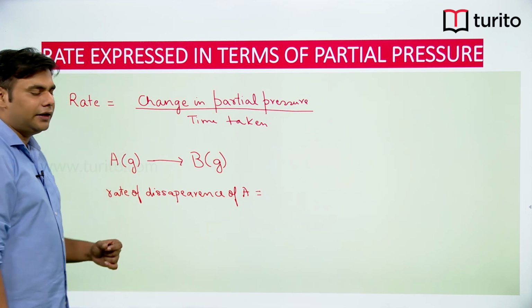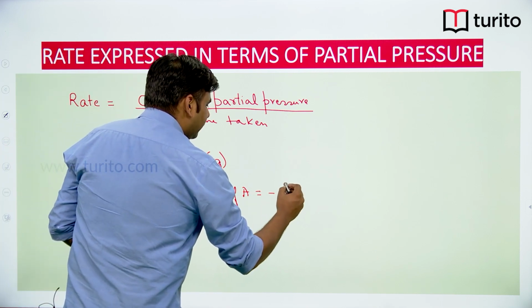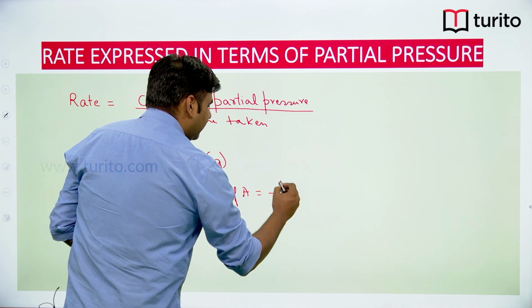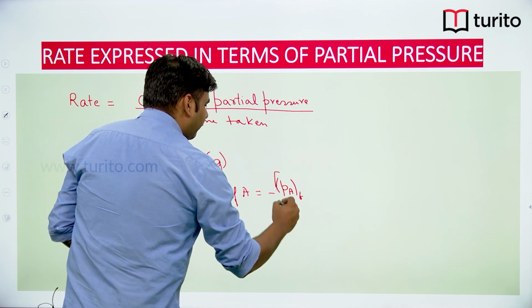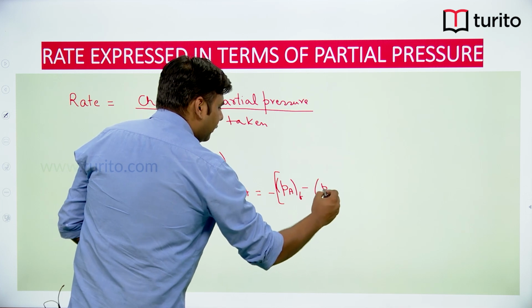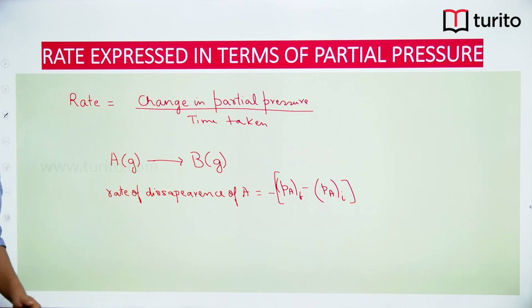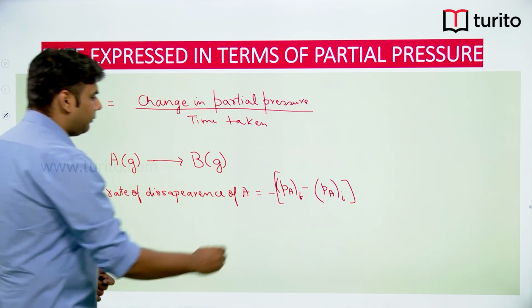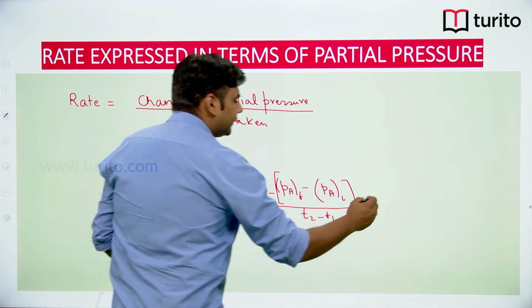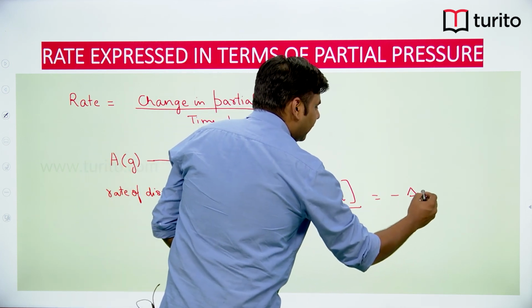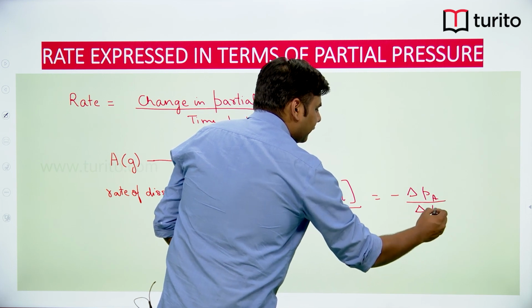Because it is a reactant, we have to include a negative sign. So this is the pressure of A finally minus pressure of A initially upon time taken. We can write this as minus delta PA upon delta T, right.